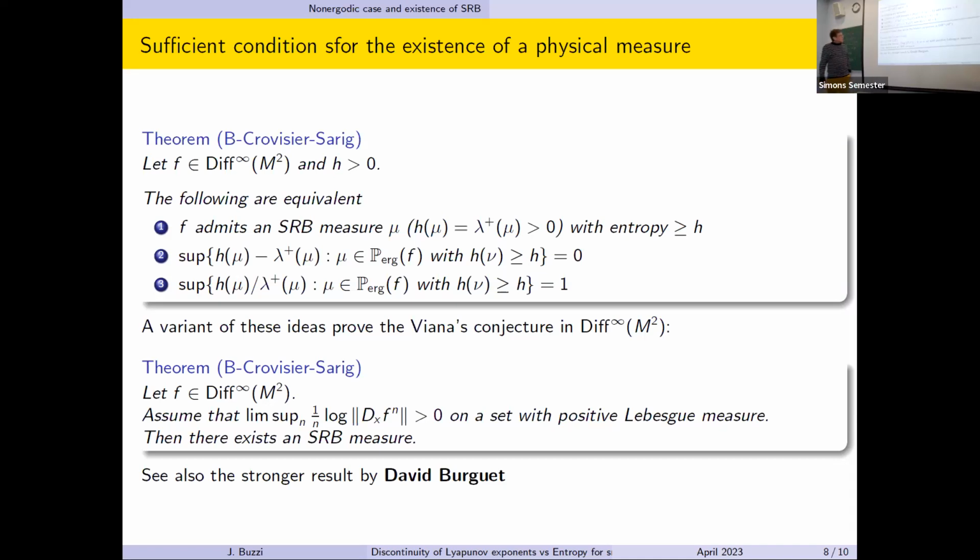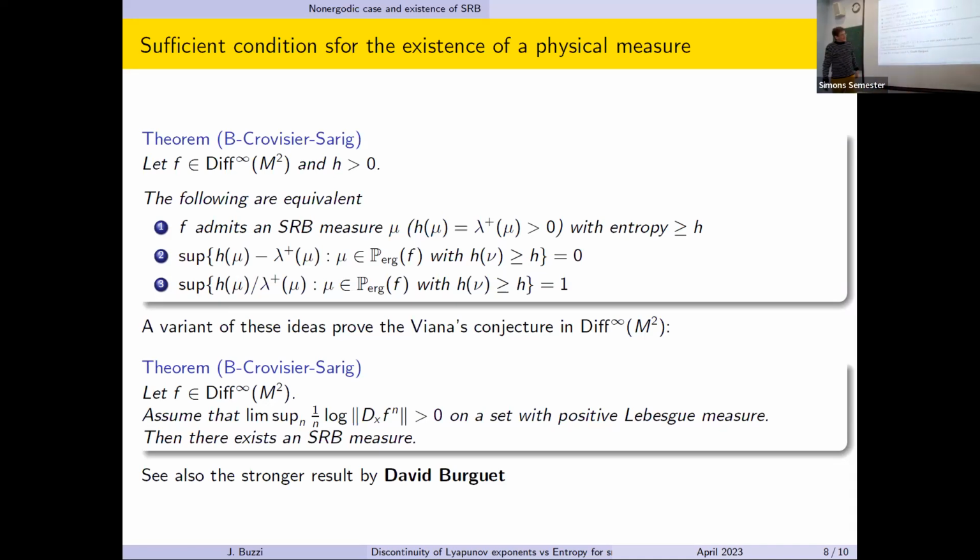So what we can prove using the previous statement is the equivalence between these two properties: the existence of such a nice measure, provided it has entropy lower bounded by some constant h, and the fact that, you see, this equality is exactly the equality case of the Ruelle inequality.